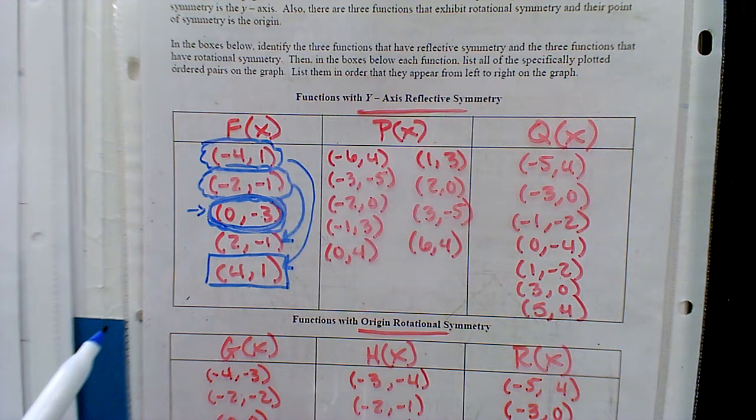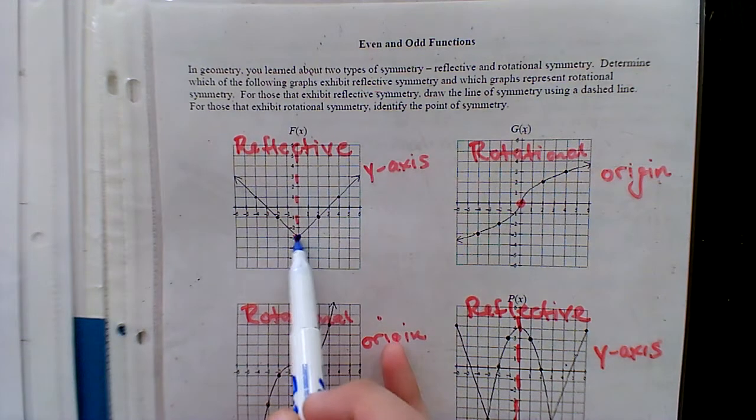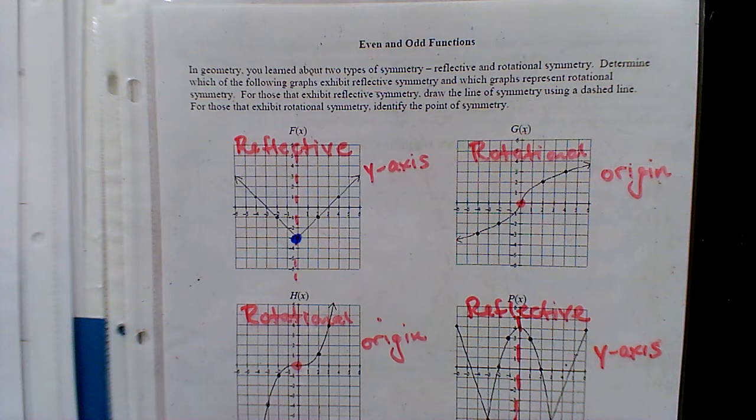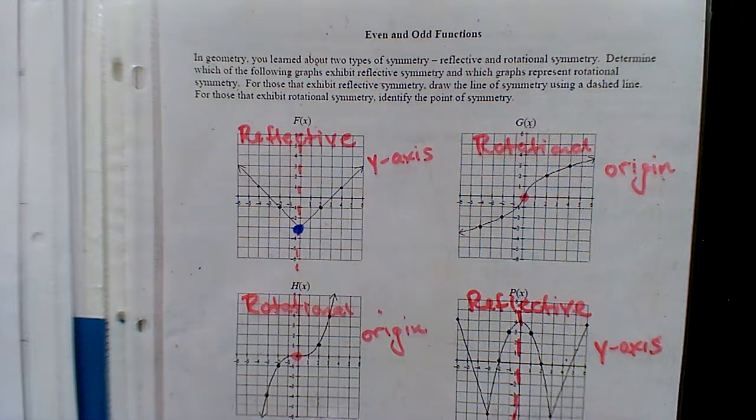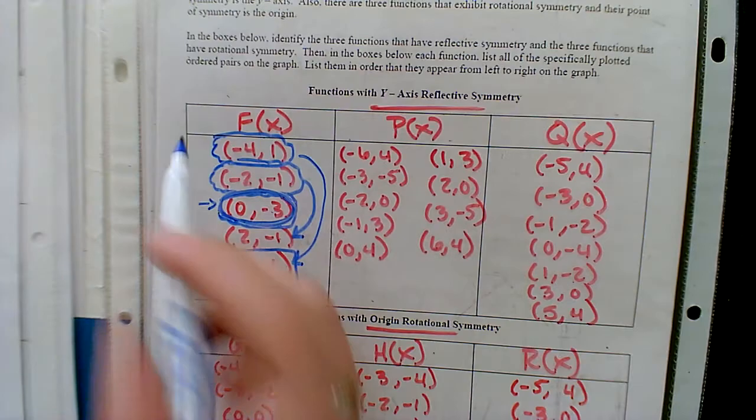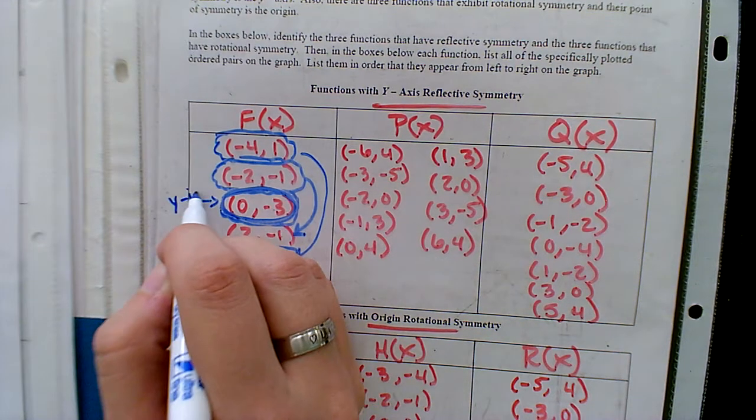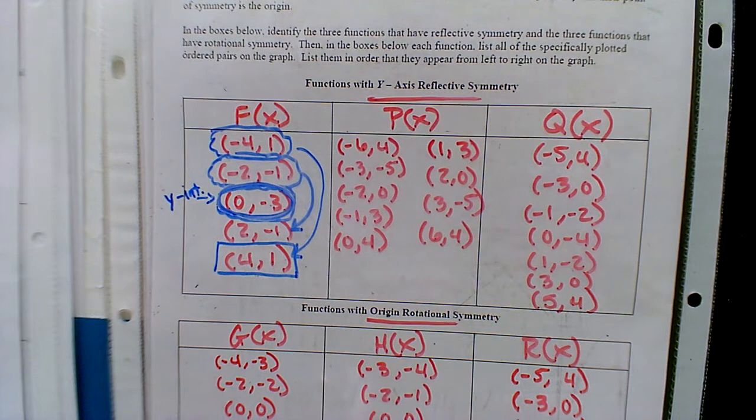Where's that located on the graph? Give me a look. (0, -3). So it is the vertex of this V shape, but where is that point located? Can you describe its location somehow? Yeah. On the y. It's on the y-axis. Okay, so this is your y-intercept. It's on the y-axis, so y-intercept.